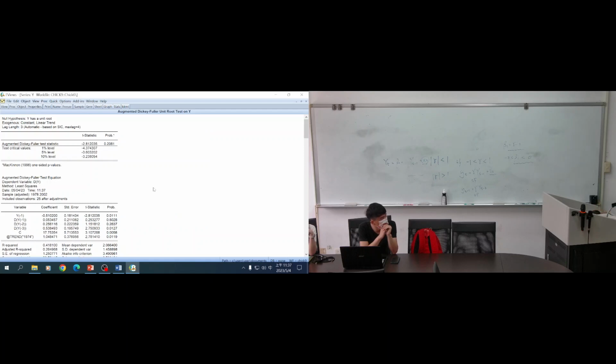The t statistic is negative 2 point something, and the critical values are over there. It's all bigger than those critical values, so it falls in the non-rejection region. And look at the probability, p is 0.20 something, so it's pretty high. Still non-stationary, right?